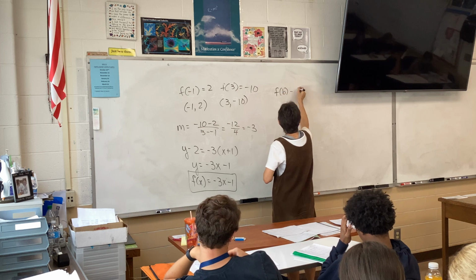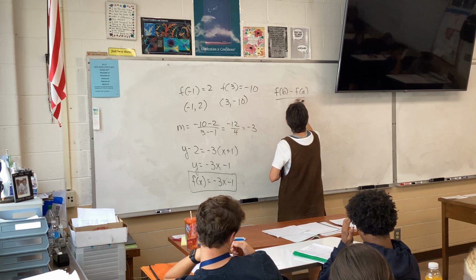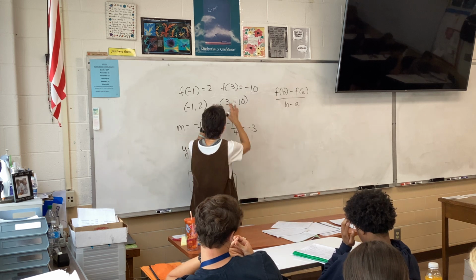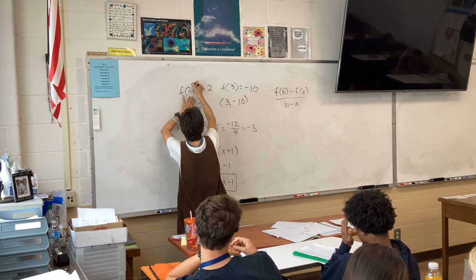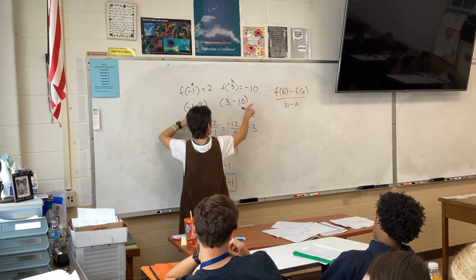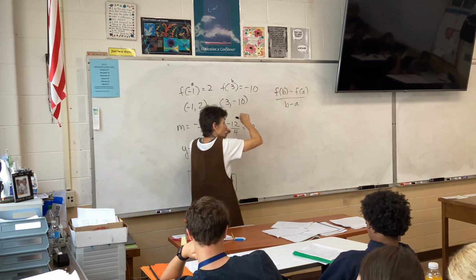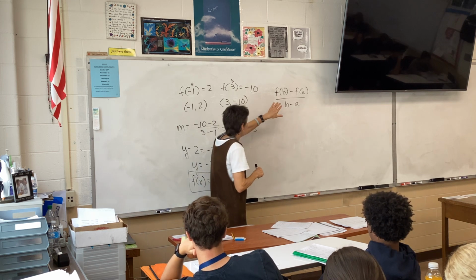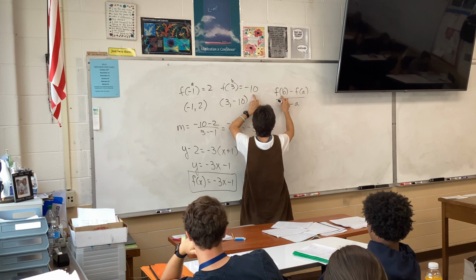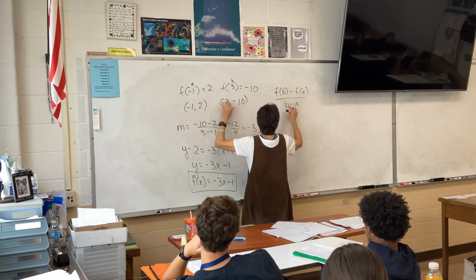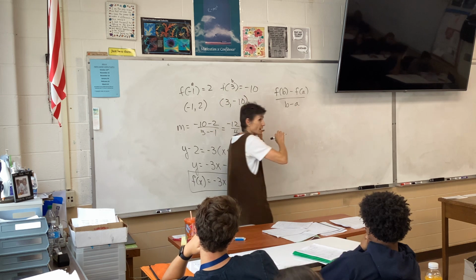F of b minus f of a over b minus a. Okay, so think about your functions now. Let this be a and this be b. What is that? That's just the slope, isn't it? Because isn't this the y value, f of b, and this y value, and then b and a are the x values?